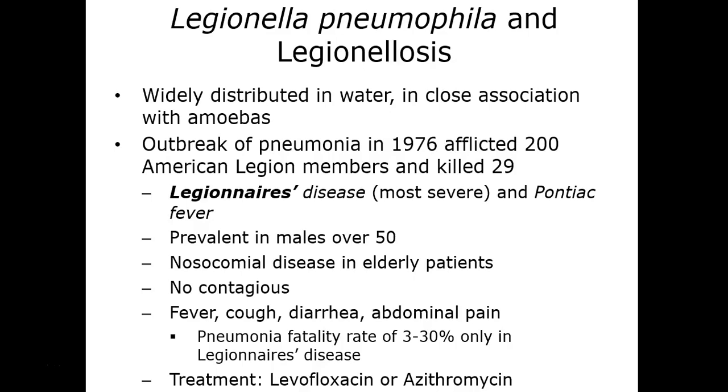Cases of this infection have even been traced back to the Mount St. Helens volcanic eruption. The common symptoms include cough, diarrhea, abdominal pain, and fever, and the fatality rate from the pneumonia is between 3 and 30% in Legionnaires' disease.